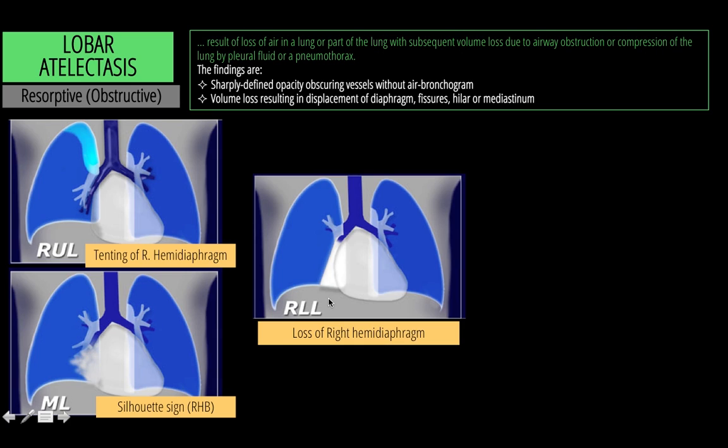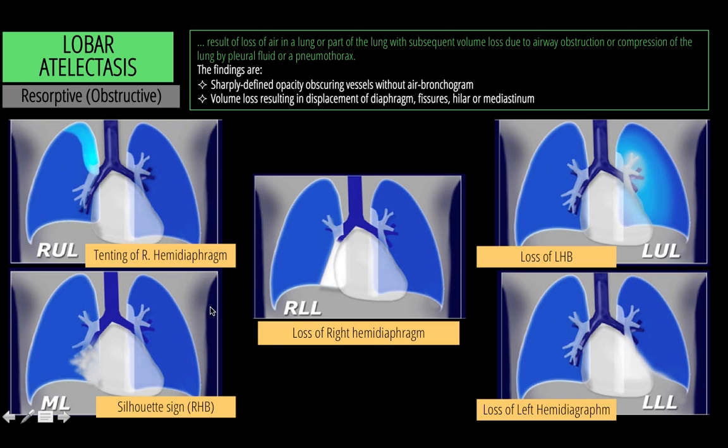And with the right lower lobe, you will lose the right hemidiaphragm. You won't be able to see the full shape and length of the hemidiaphragm from your costophrenic to the cardiophrenic recesses. In accordance, with the collapse of each of these lobes or segments, this will result in a decrease in the volume of the lung.